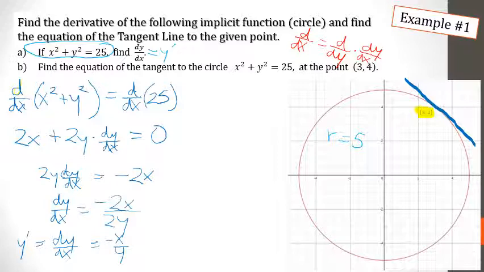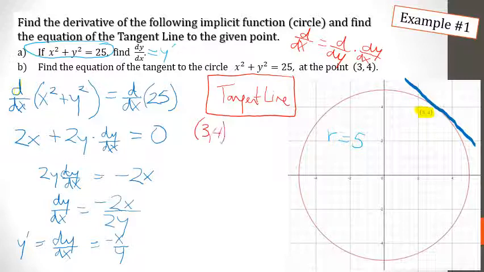So now we need to find the tangent line. For the tangent line, we need our point and we need our slope. So we need the slope at the point (3, 4), and our slope is negative x over y.